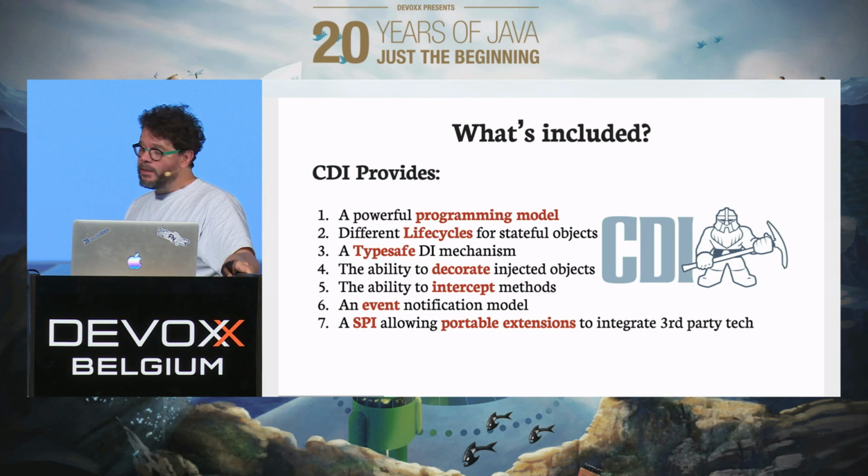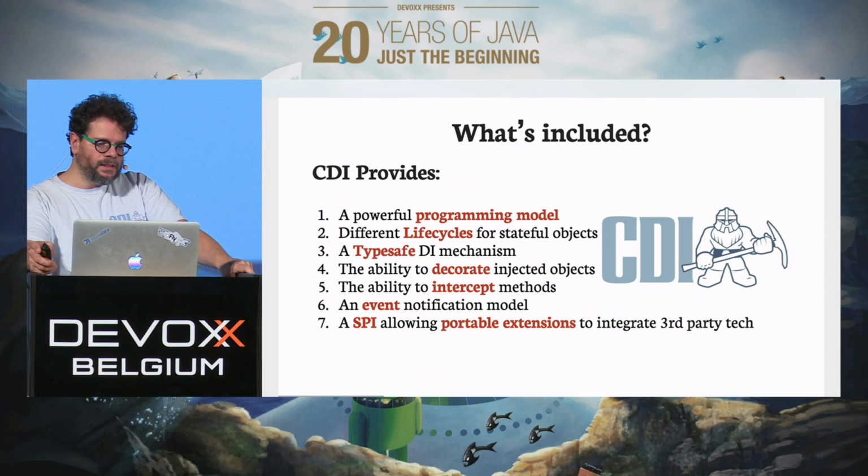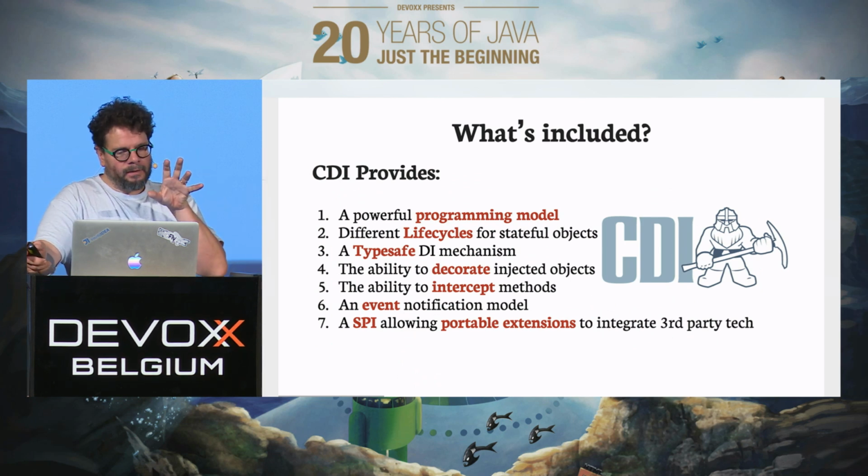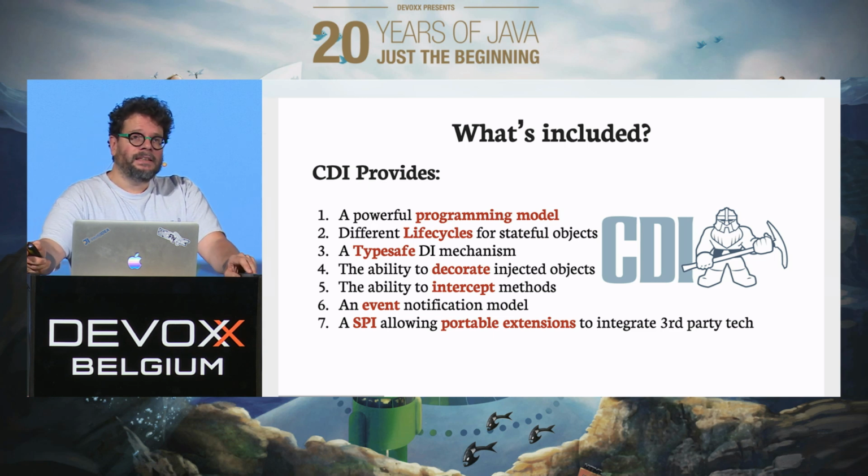So what do we have with CDI? The first feature of CDI is to give you a very powerful programming model for your application. It gives you the capacity of applying lifecycle to your components, to your stateful objects.